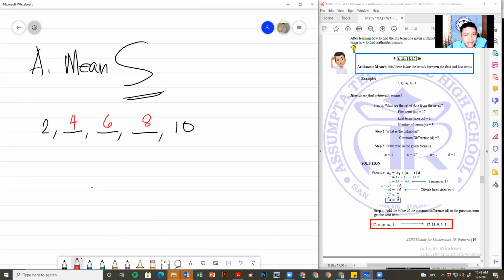Now, if you were the mathematician, what simpler formula can you make for you to be able to get these values? Try to identify it by using your first two terms.